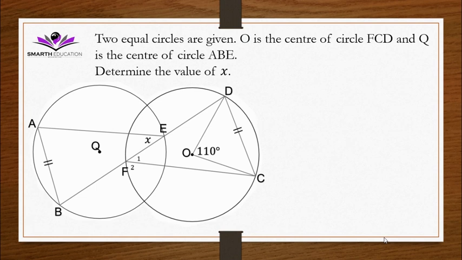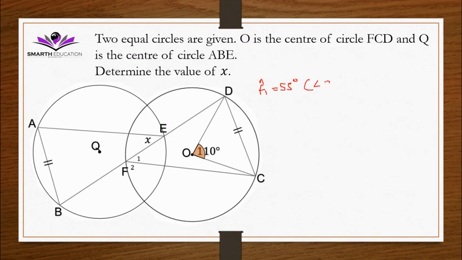Equal angles at the circumferences. Okay, right, now so we have angle F1. What can you say about angle F1 here? Angle O there is 110 degrees. So what will be angle F1? Angle F1 is going to be 55 degrees. Why?